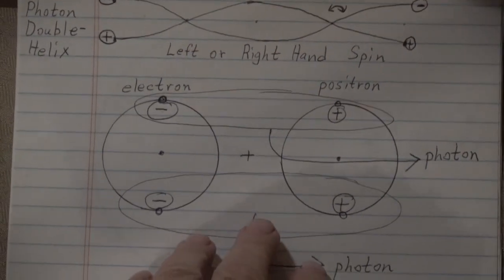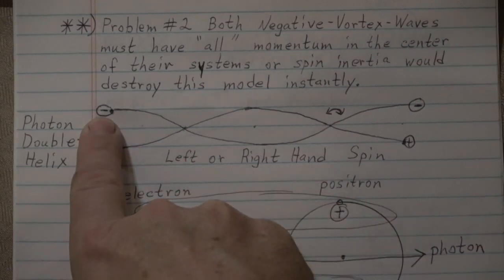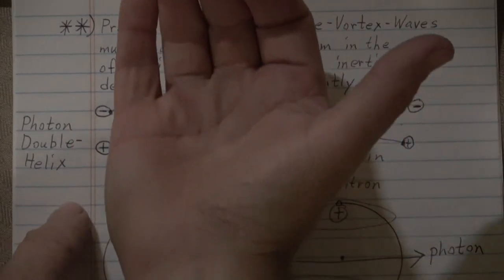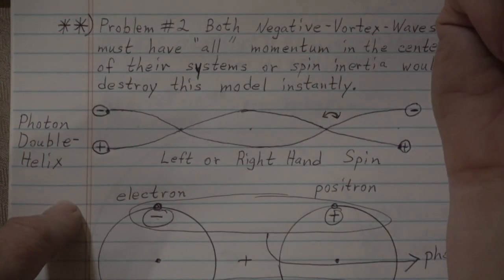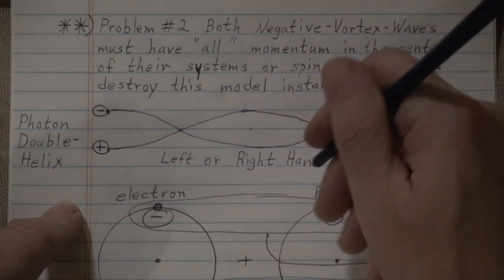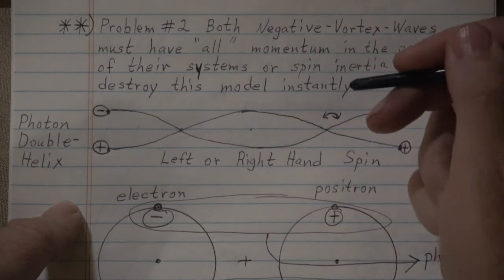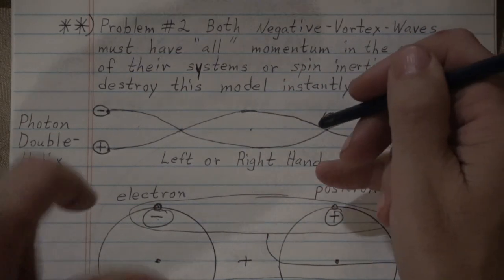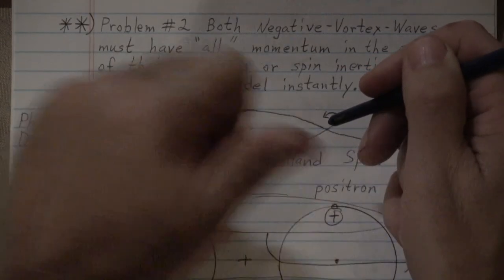On this double helix, remember, if it's a negative, you're using your right hand and the vortex wave is curling this direction and going in that way. If it's positive, then instead of putting your ink pen down to do the right hand rule, you can actually keep the ink pen in the right hand and use your left hand, like I once did on a test for the right hand rule.